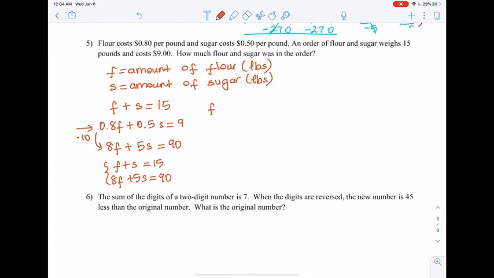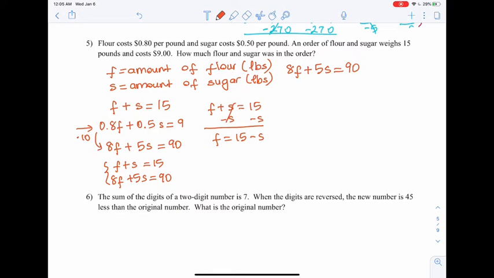If I rewrite my first equation and isolate F this time, F will be 15 minus S. Now let's substitute 15 minus S in the second equation for F. So it was 8F plus 5S is equal to 90.